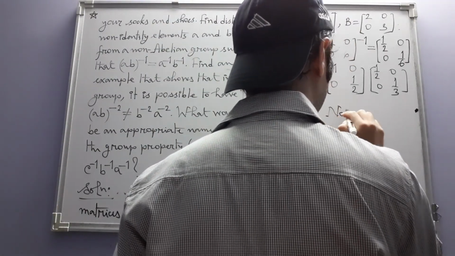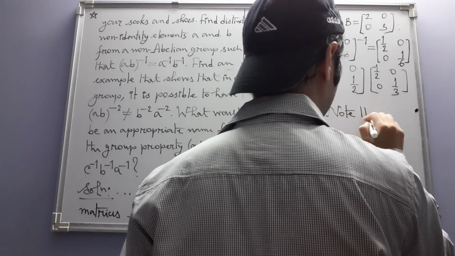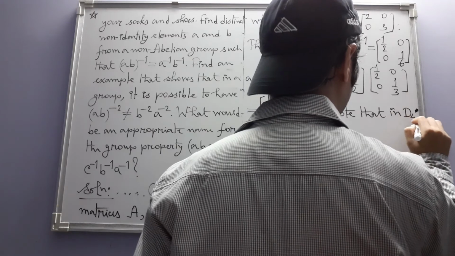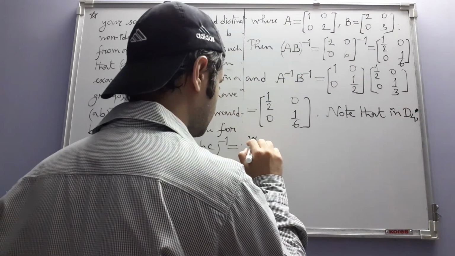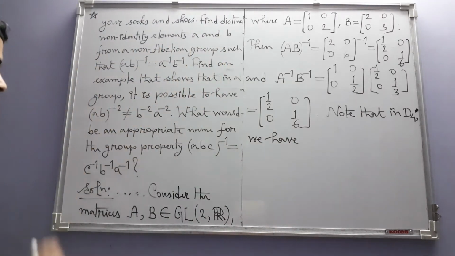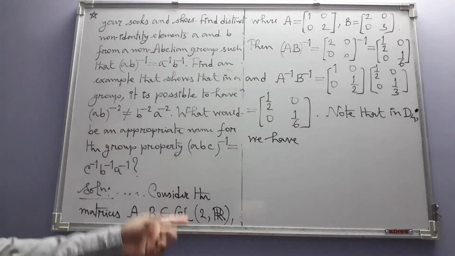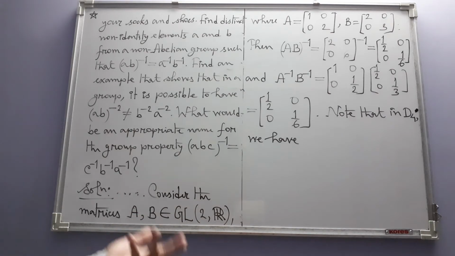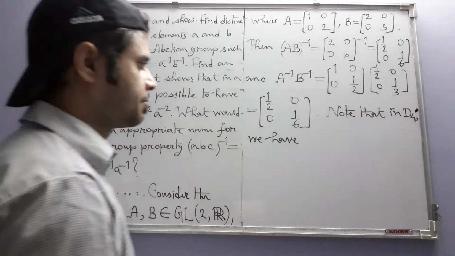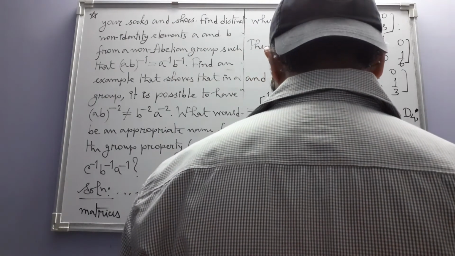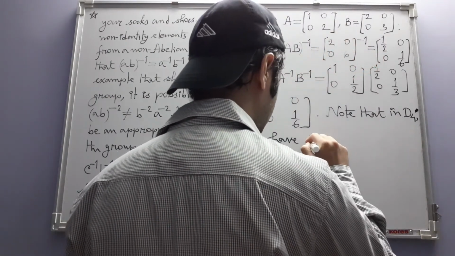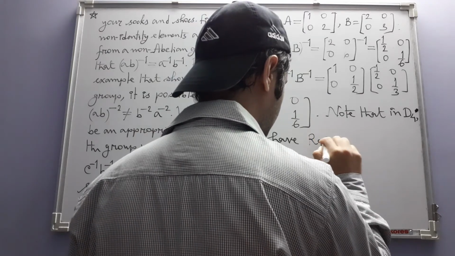Note that in D4 we have, for this example, if you want, you can use this group also. It is up to you. I have decided to show another group. In D4 one can notice this, R90 D.